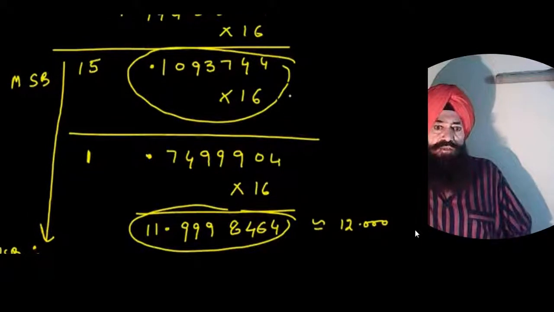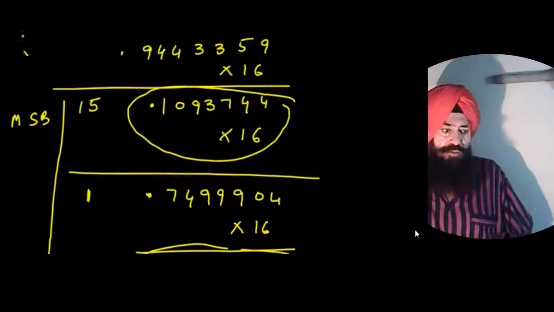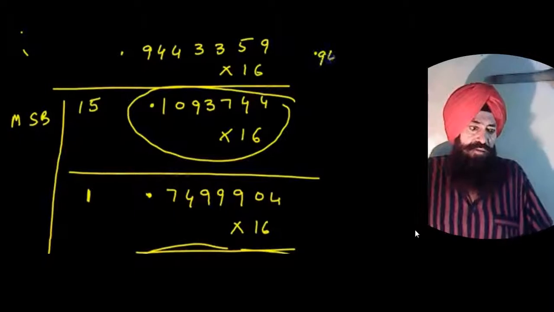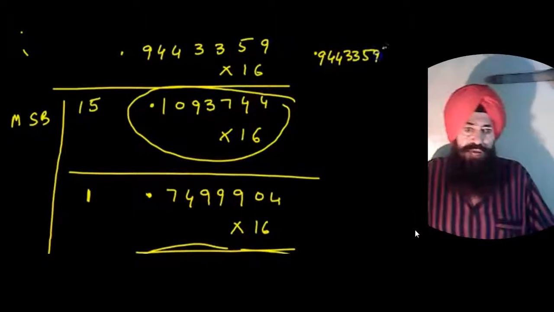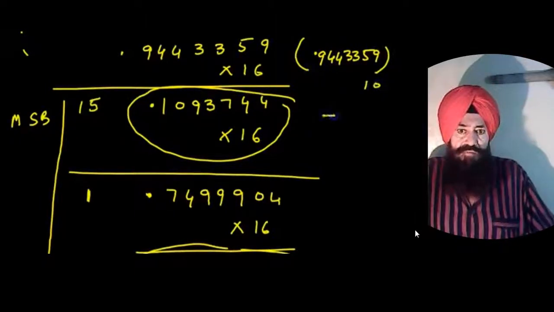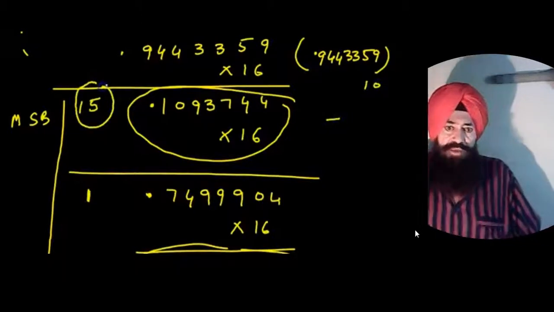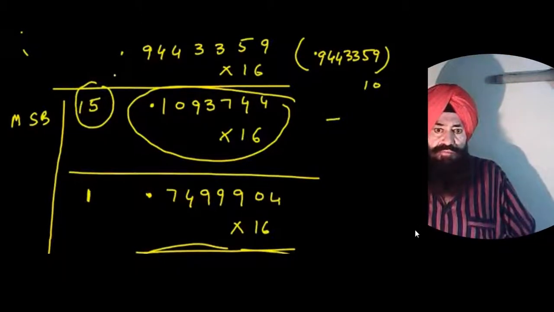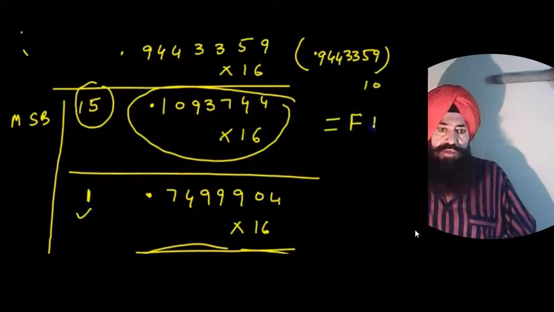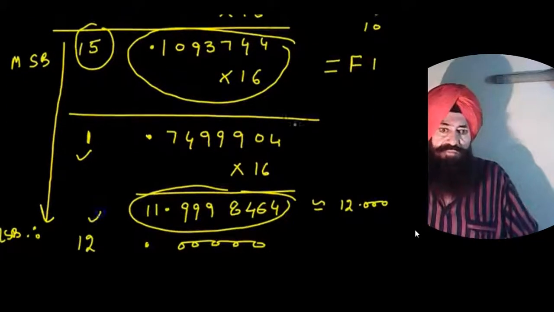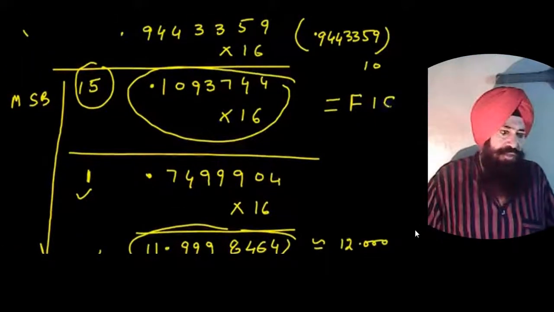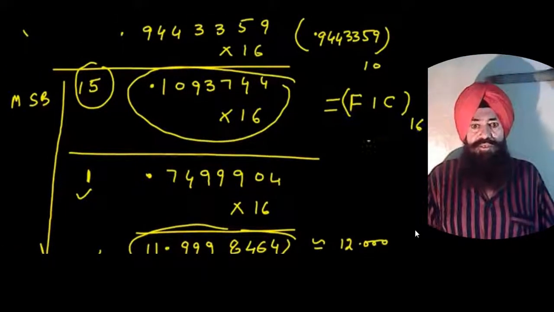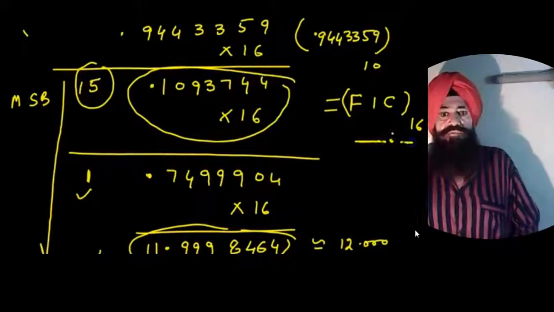So 15, 1, 12. What's 15? 15 is F. Okay, F, then 1, then 12. 12 is what? That's C. So this is the fractional part in the hexadecimal system.